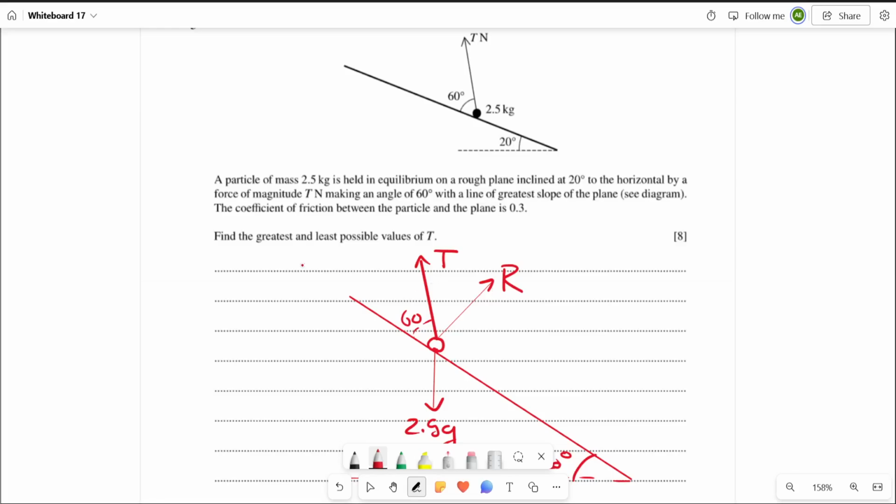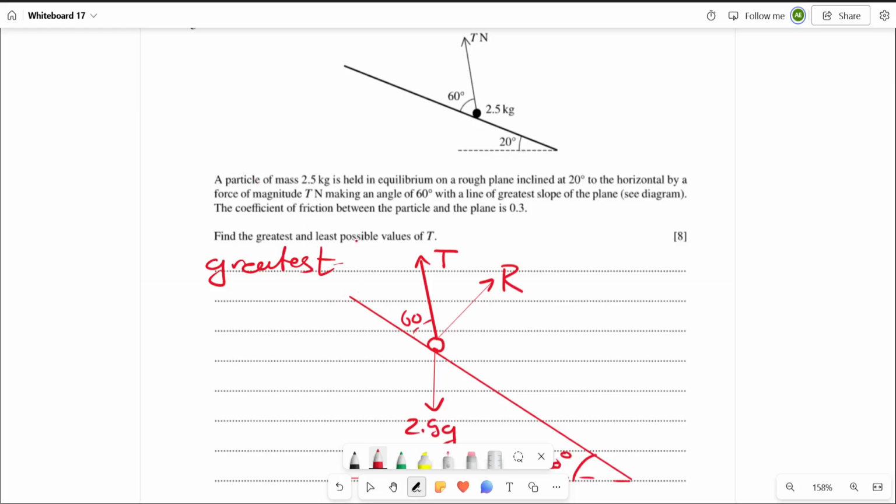Now, let's first start by finding the greatest value of T. Greatest value of T means that T is very large, and if it increased a little bit, the object is no longer going to be in equilibrium and is going to start moving up the plane.